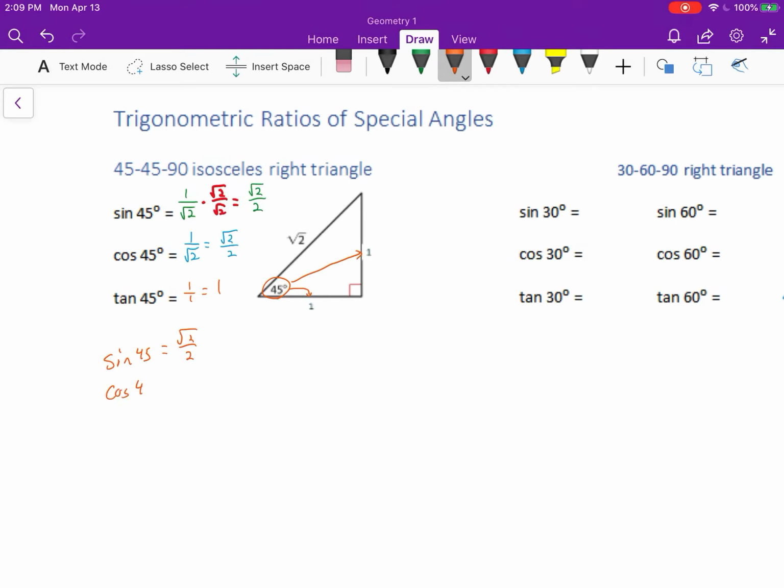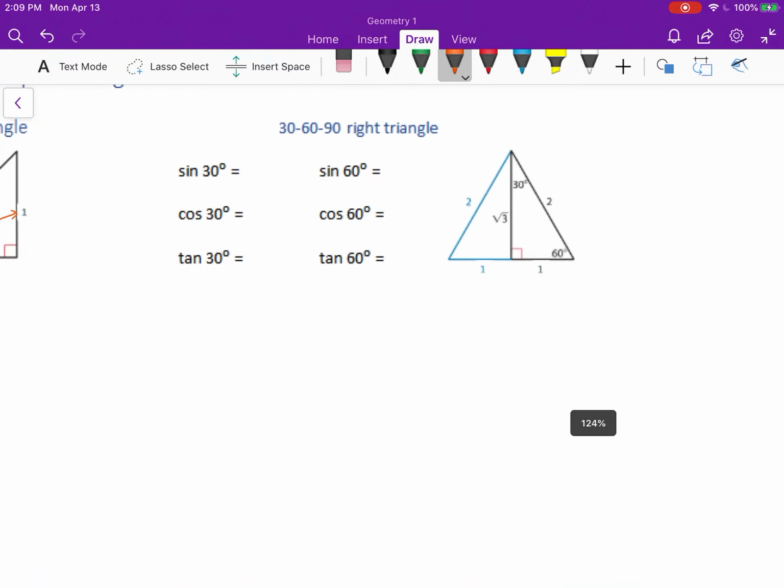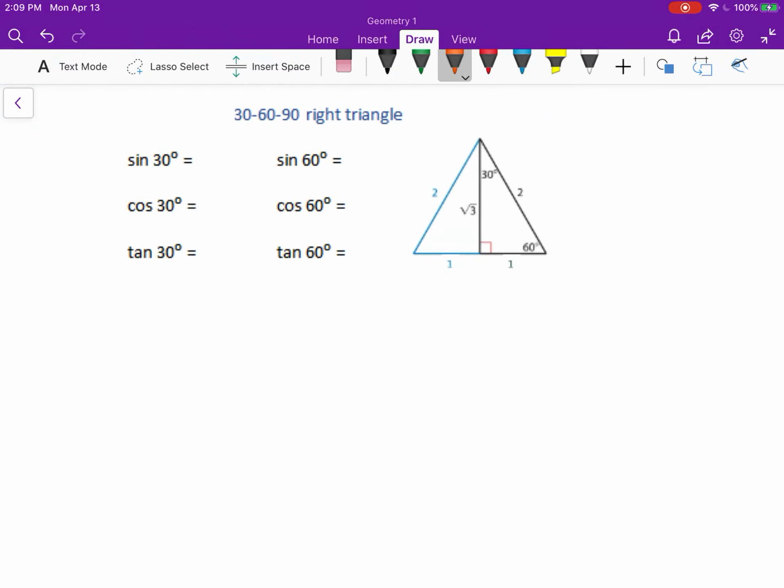So sine of 45 is root 2 over 2. Cosine of 45 is root 2 over 2. And tangent of 45 is 1. These are important to know, especially as you move further into trigonometry.